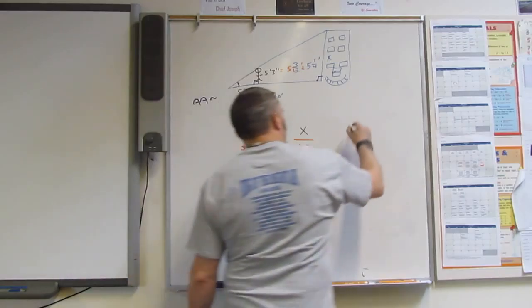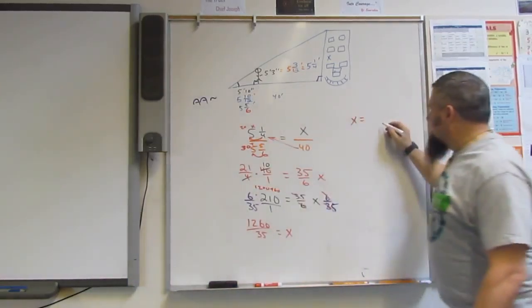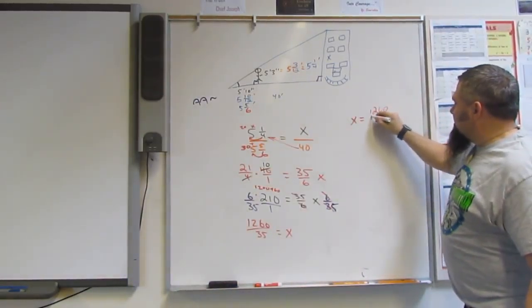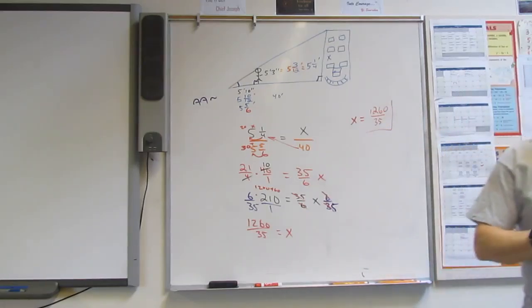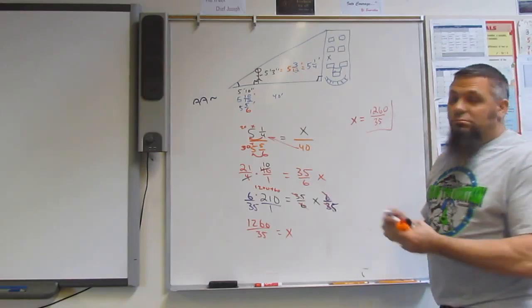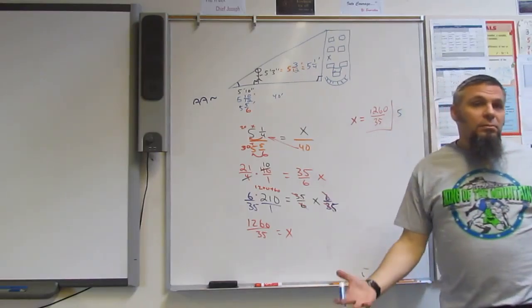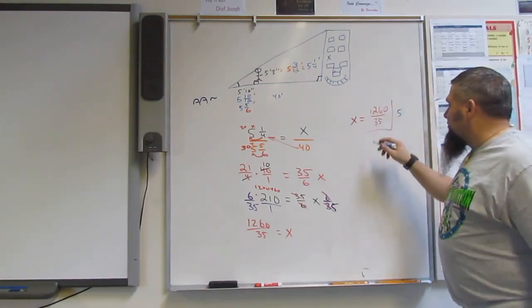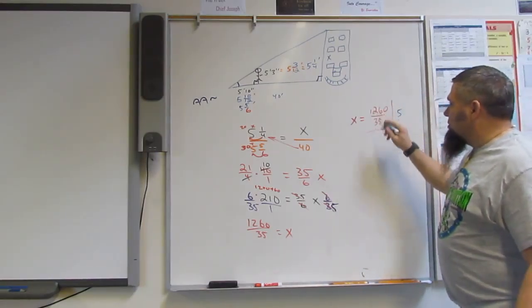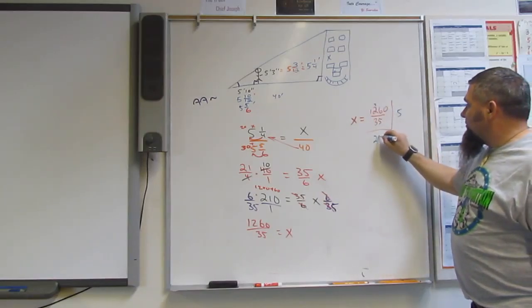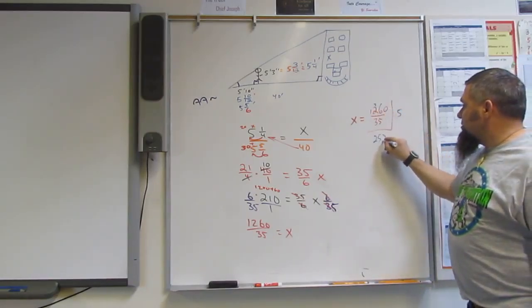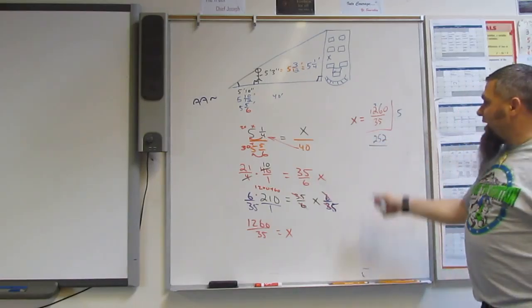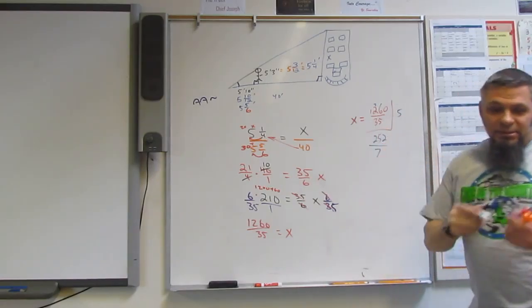So x is equal to 1260 over 35. What goes into both of those? I can try a 5. A 5 goes into 12 twice with 2 left over, a 5 goes into 26 5 times with 1 left over, and a 5 goes into 10 twice. A 5 goes into 35 7 times.